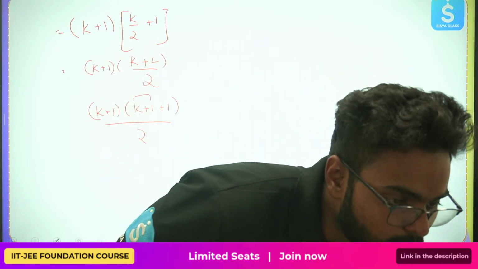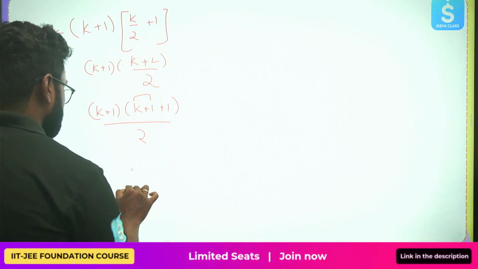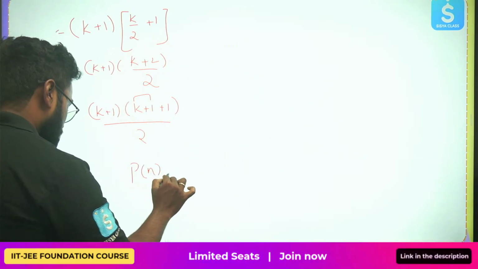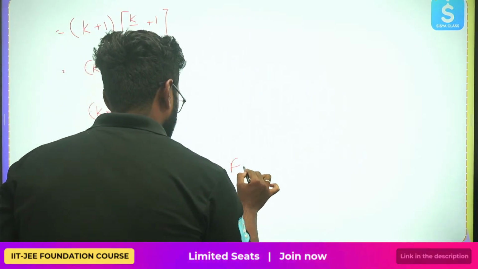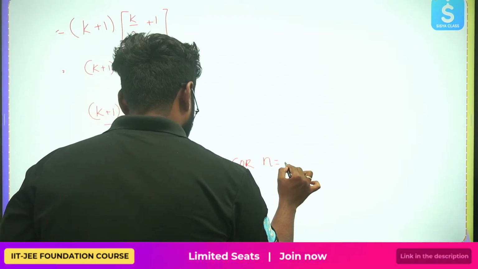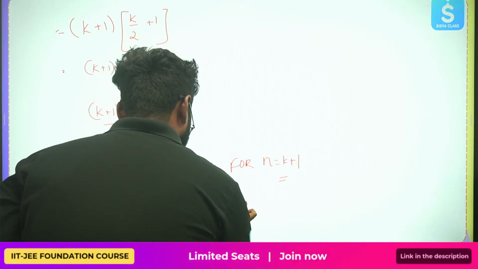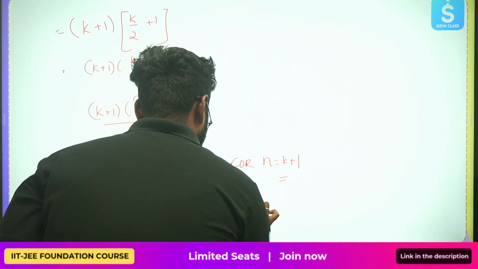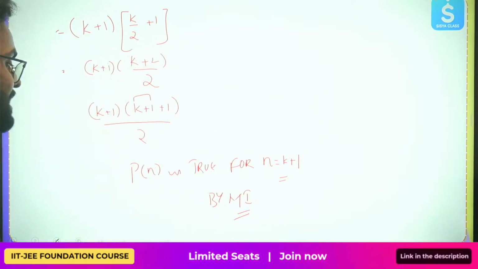So please write darker. Okay. So P of n is true for n is equals to k plus 1. Right. So by mathematical induction, this will exist for every natural number n.